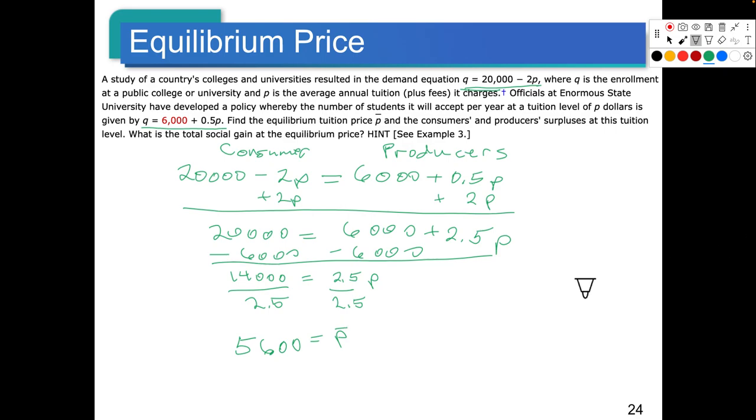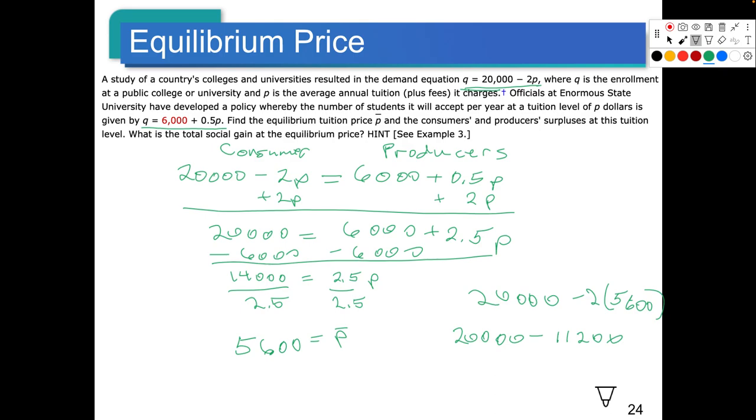Take either one of these. Let's take 20,000 minus 2 times P, and we're going to plug in 5,600. So we get 20,000 minus 2 times 5,600, which is 11,200.